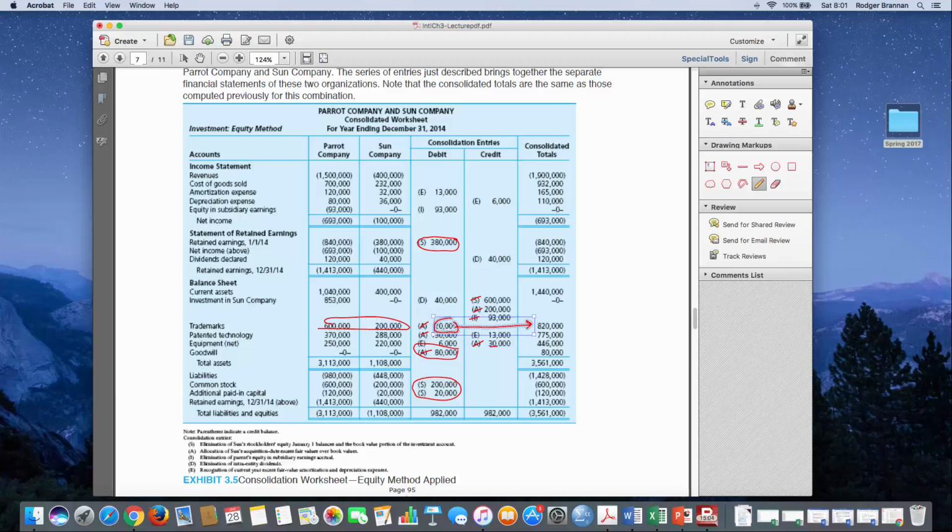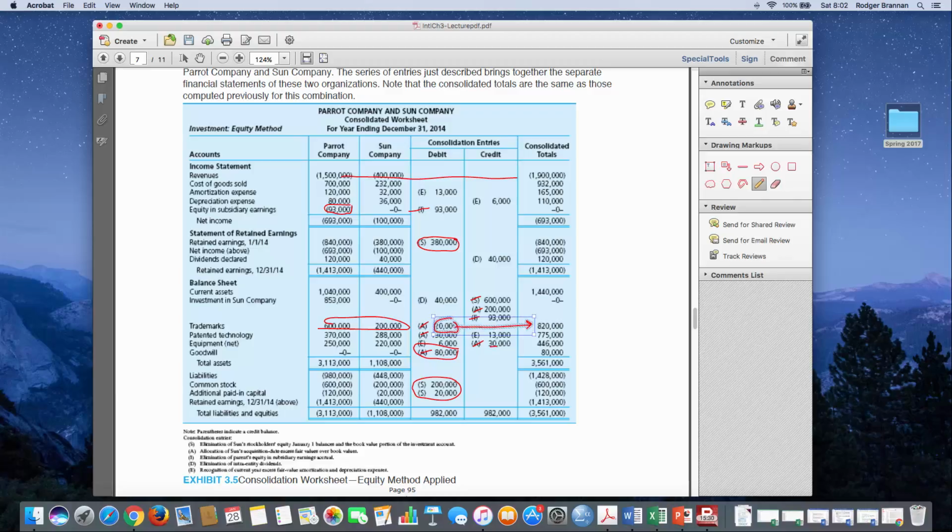So I want to eliminate that against my investment account, and at the same time take that out of the income statement of parent. Otherwise, when you bring these amounts across, I would be double counting the income. So I eliminate the $93,000 from here.